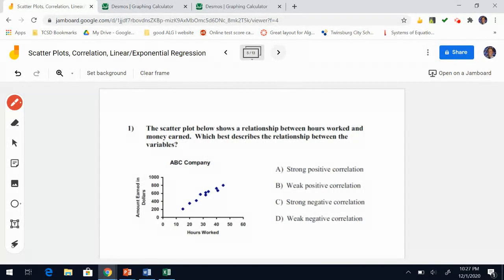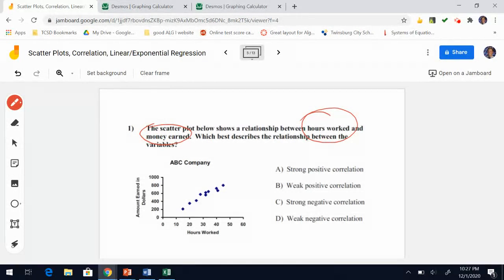All right, so the scatter plot shows the relationship between hours worked and money earned. If we just talk about hours worked and the money earned, just think about that correlation. What should we have happening here? A strong positive, a weak positive, a strong negative, or a weak negative? If we're working lots of hours, we should know that we're going to get more money.